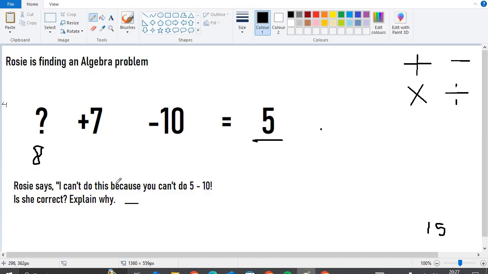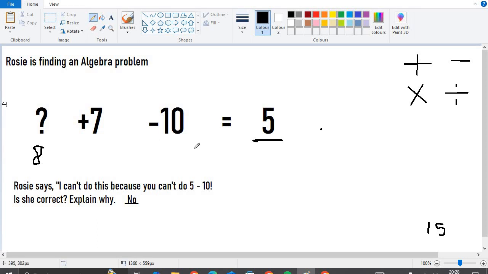Now once you have finished, let's see if your answer is correct. She is wrong. Rosie is incorrect because that's not what you're meant to do. You're meant to do inverse, so instead it's 5 add 10 and not 5 take away 10. And the answer is no.